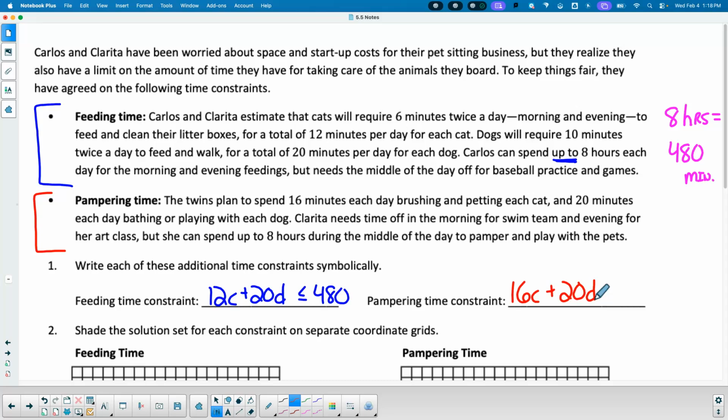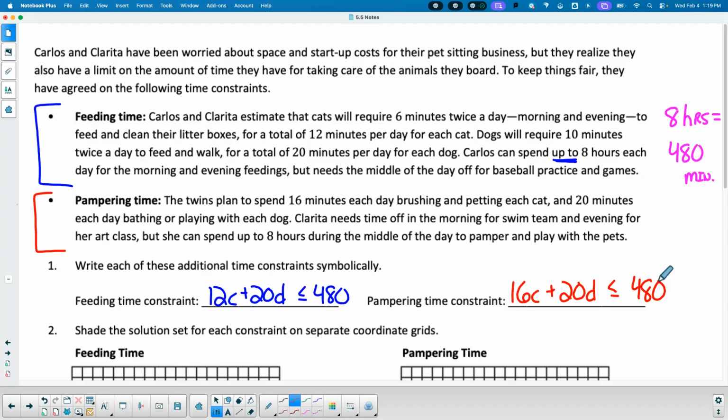Which sign? Less than or equal to. Less than or equal to 480. Okay. Everybody agree with that one? 16 minutes per cat, 20 minutes per dog, but Clarita only has 8 hours total.